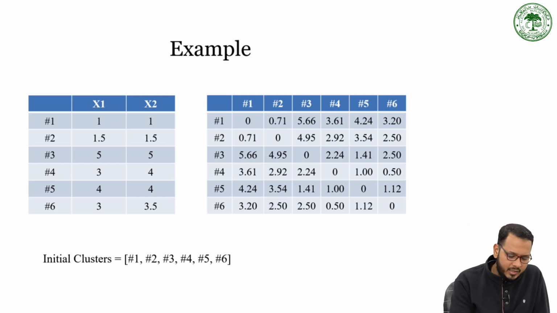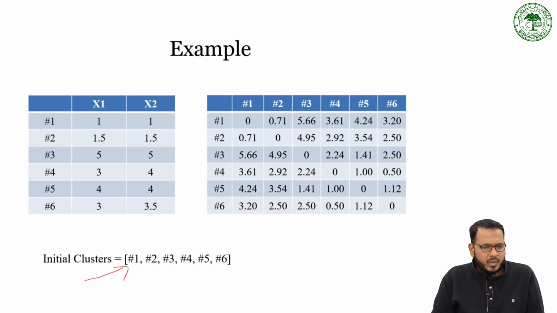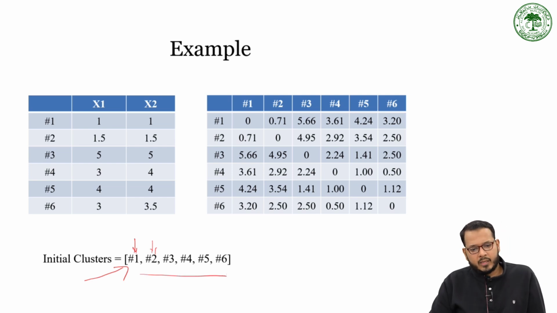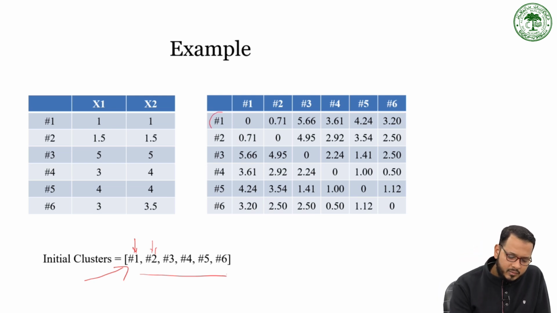But as the first step, we consider each point as a separate data point, a separate cluster. So 1 is a separate cluster, 2 is a separate cluster, and so on. Then we calculate the distance matrix for each point with every other point.